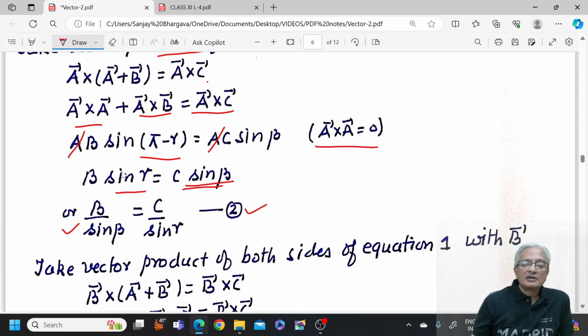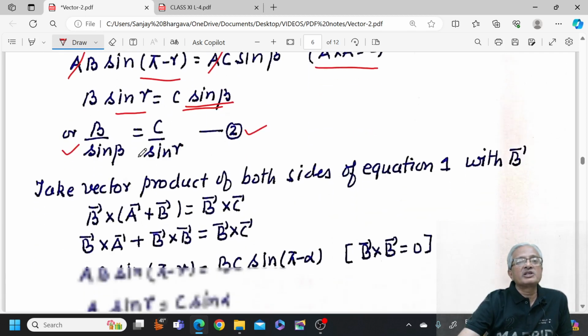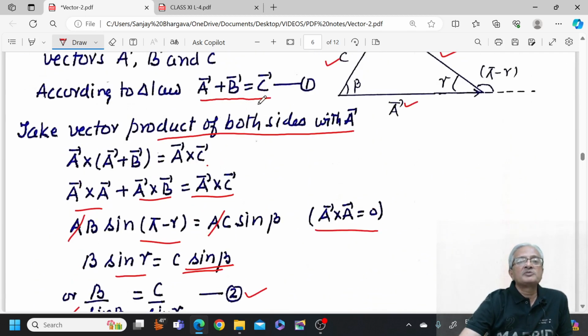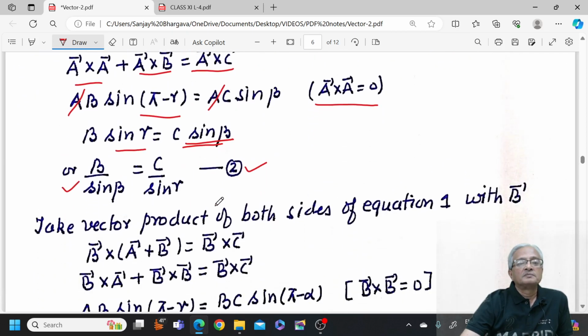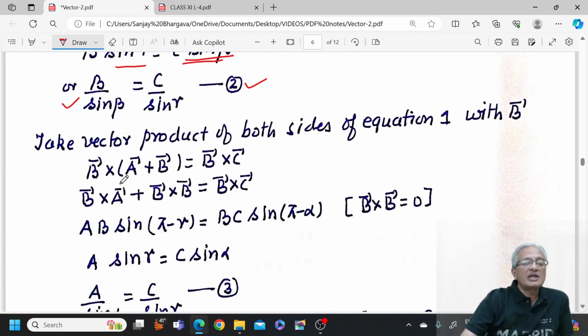Now I can take the vector product of the same equation number 1, that is A plus B equals C, with the B vector. So I obtain B cross A plus B would be equal to B cross C, which can be written as B cross A plus B cross B equals B cross C. B cross B becomes 0. This would be AB sine of 180 minus gamma, and this is BC sine of 180 minus alpha.